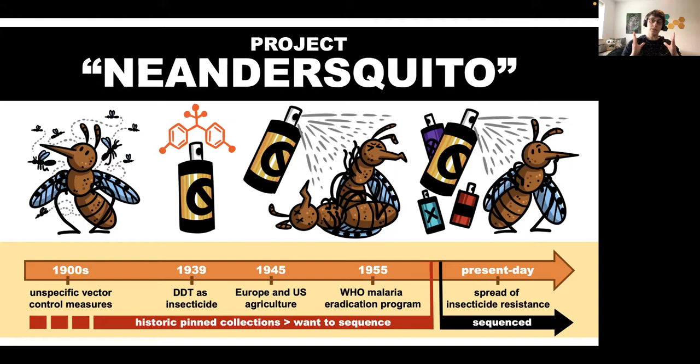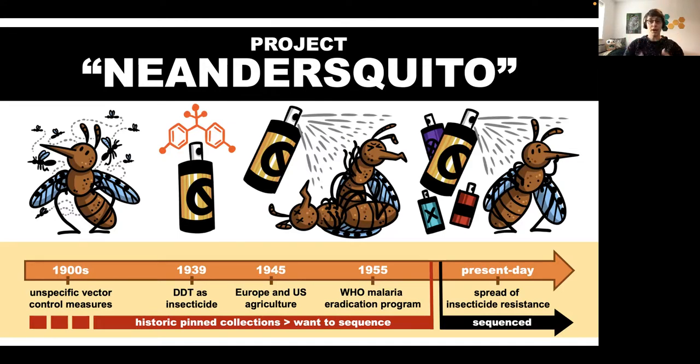And so in the 1930s, specifically 1939, DDT, which was discovered already at the end of the previous century, was found to be a very efficient insecticide. And so in the 40s, it was widespread use in Europe and in the US, in agriculture primarily, but it also helped eradicate malaria in many of those regions.